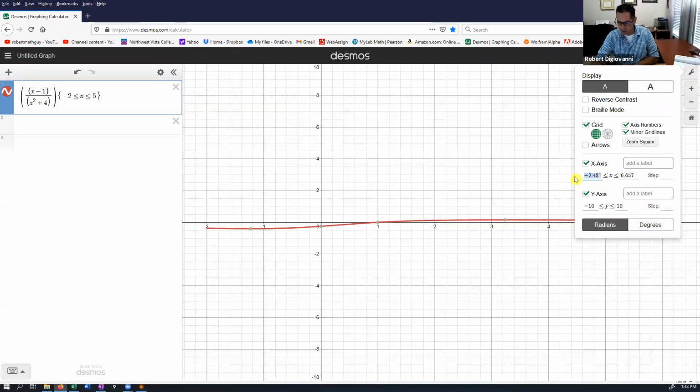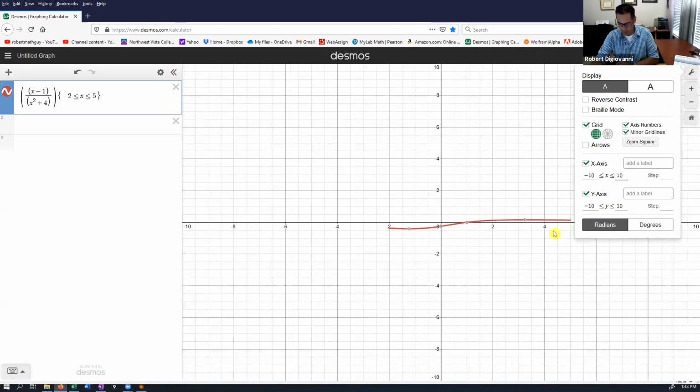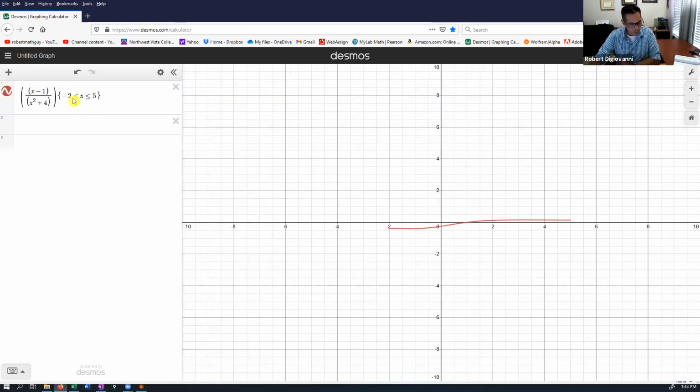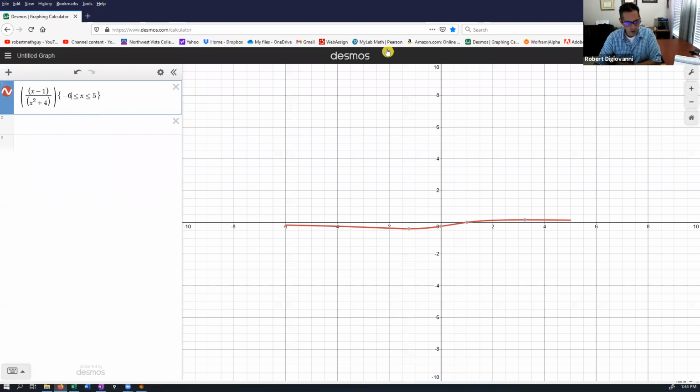Well, it's possible to have a hole. So something that goes off into infinity does not mean that it does not exist. It just continues forever, right? It just answers my own question. Okay, let's do that one. So x minus 1 over x squared plus 4.